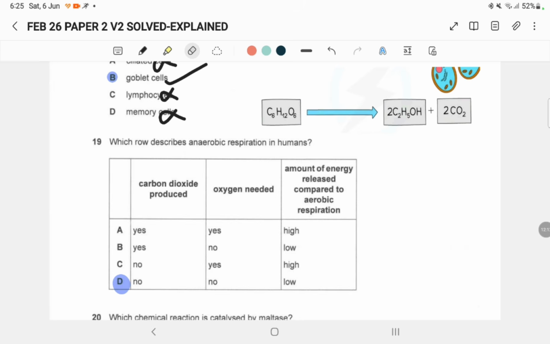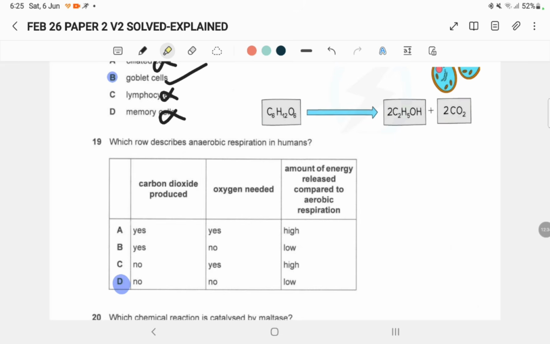Just don't get tricked by this, because I see it repeated on many papers, 2016 papers, 2017 also, same idea. The carbon dioxide being produced is only in the case of, like, not humans, okay? Because anaerobic respiration in humans produces lactic acid.